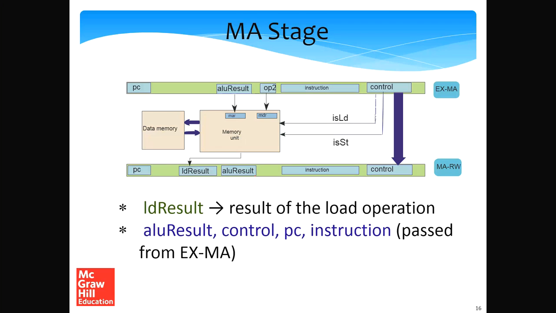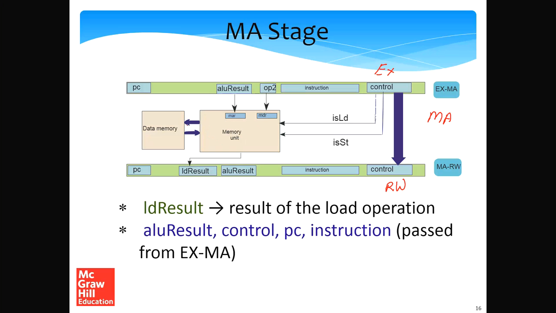Now we go to the next stage, which is the MA stage, the memory access stage. The memory access stage is simple, no rocket science here. It stands between the EX stage and the RW stage. The ALU result contains the address, so this goes into the memory address register. OP2 contains the data that needs to be stored, so it goes into the MDR, the memory data register.